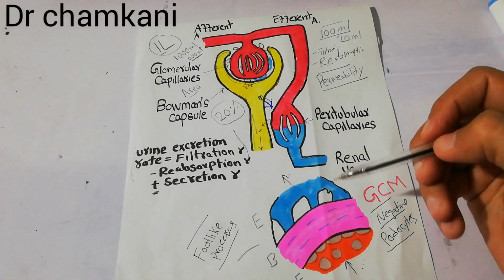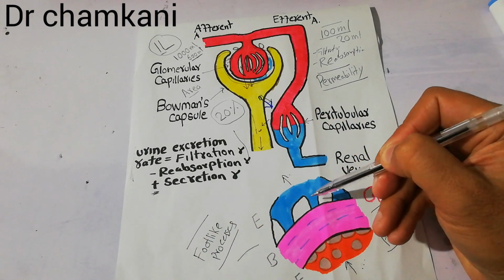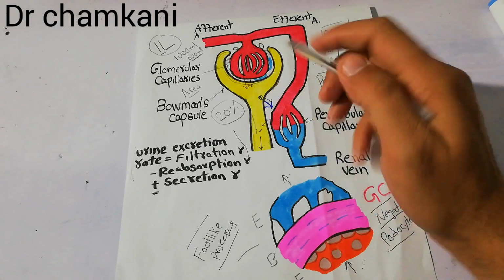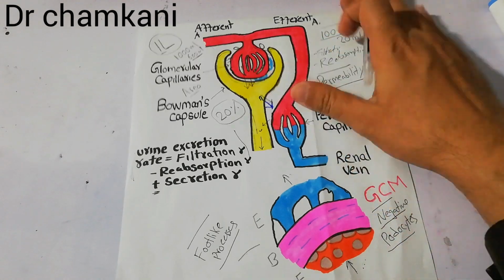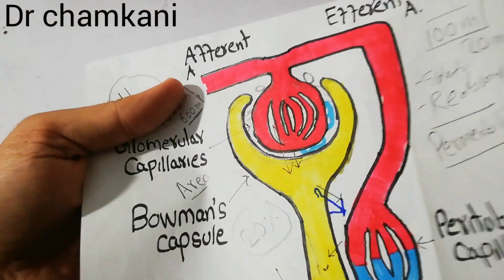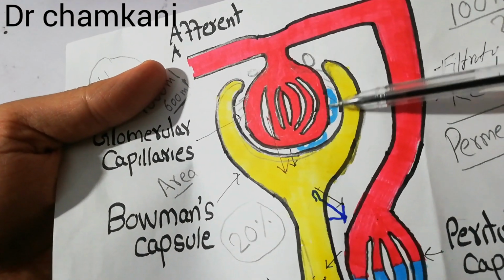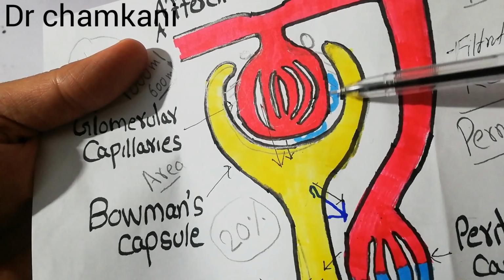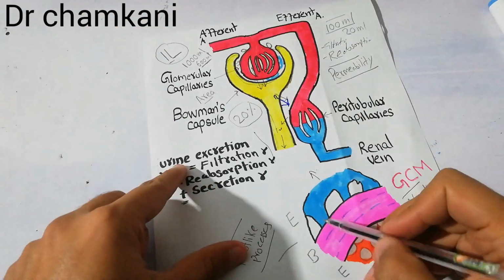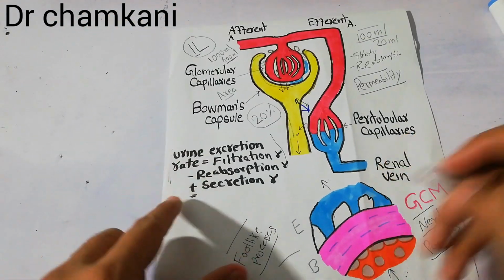These foot-like processes, as we have discussed, are present like this on top of the basement membrane, sitting like this, and these are the foot processes. But they are not in continuity, so there is some space, and this space is known as the slit pore.